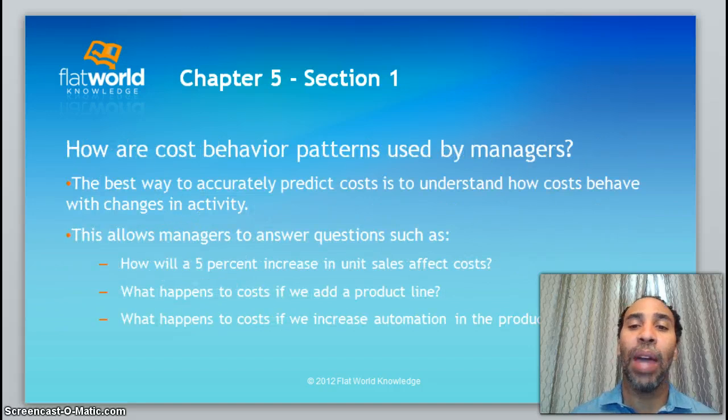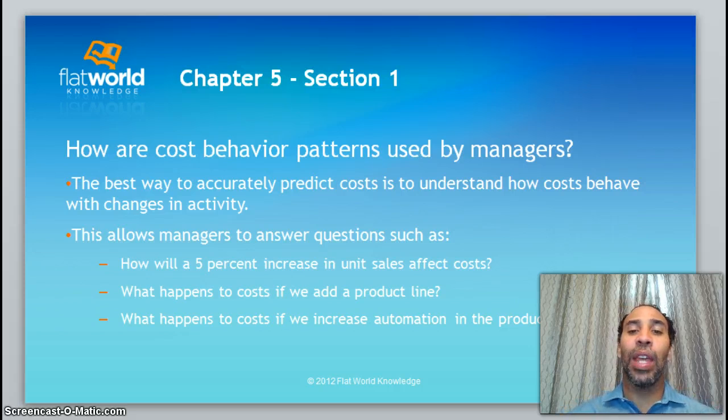How are cost behavior patterns used by managers? The best way to accurately predict costs is to understand how costs behave with changes in activity. How do the variable costs change with a change in activity, and how might the fixed costs change as well?